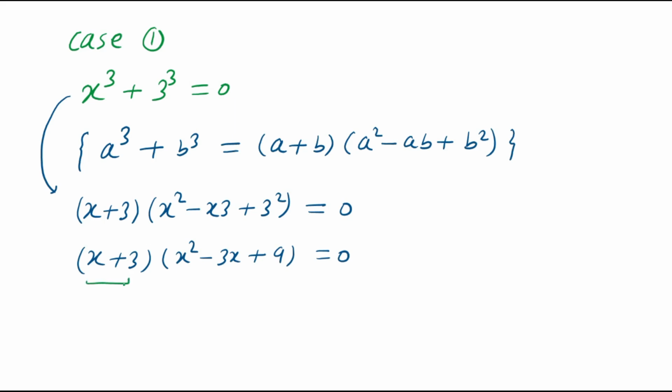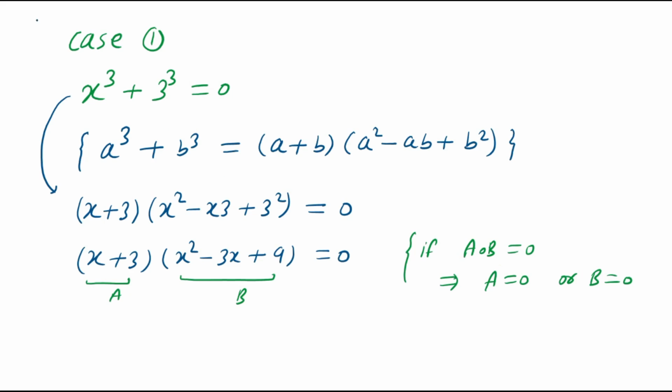Suppose this expression is a and this expression is b, and here if we apply this rule, if a times b equals 0, this implies a = 0 or b = 0.